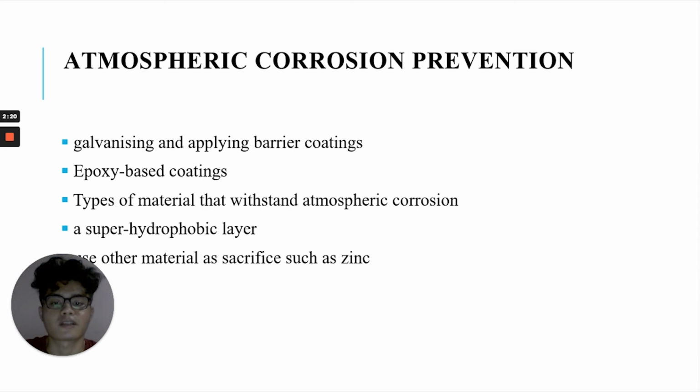By acting as a sacrifice, zinc, cadmium and aluminium can protect steel against corroding because they are anodic to the iron and retain the potential of the metal at a level that prevents corrosion.